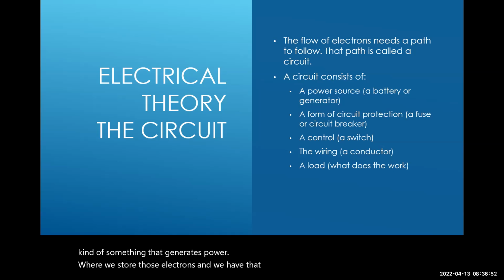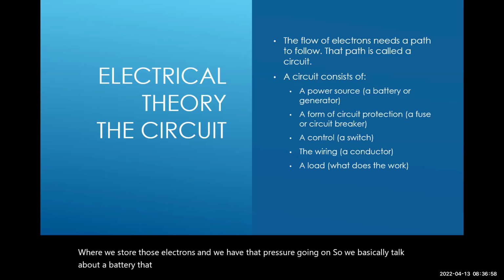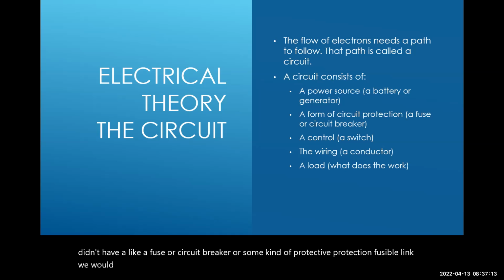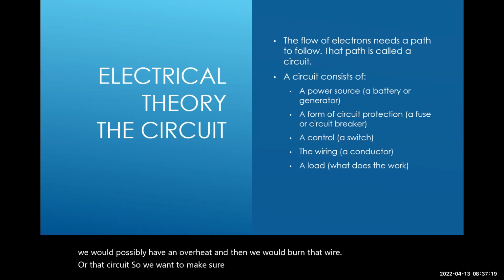Then we need some kind of protection on that circuit. If we didn't have a fuse, a circuit breaker, or a fusible link, we would possibly have an overheat and burn that wire or circuit. So we want to make sure we have something to protect it.